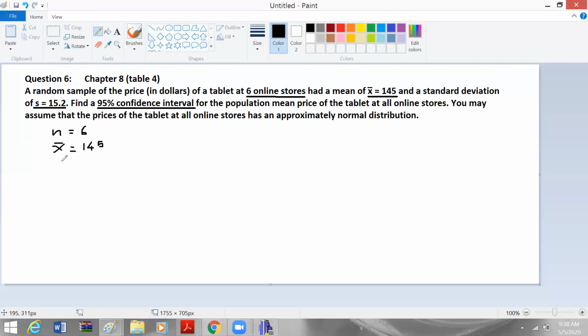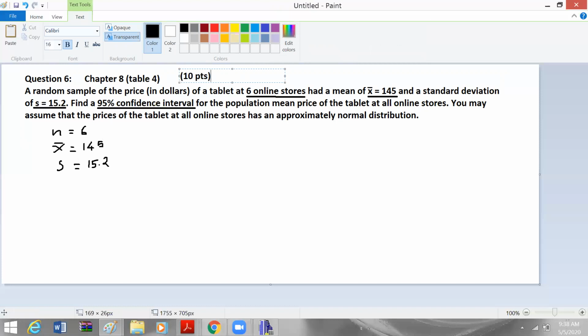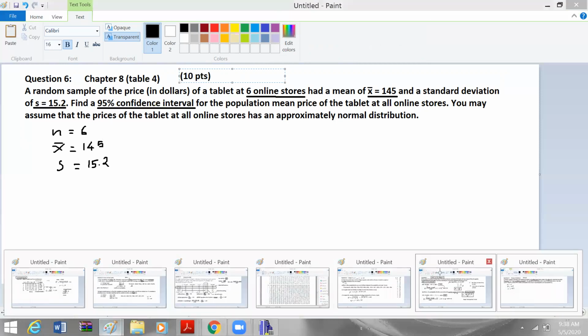And we have an S. Remember, when a question gives us the S, that will be the T. It's always the T on chapter 8, question number 6. Right? How many points is this question? That will be 10 points. I forgot to put the points for this part.